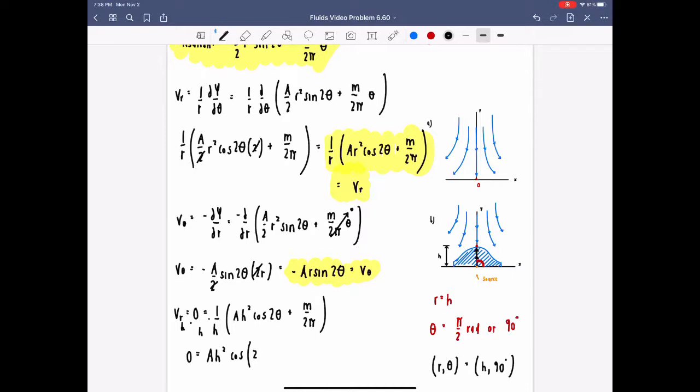Cosine 2 times pi over 2, and these 2's are going to cancel, plus m over 2 pi.